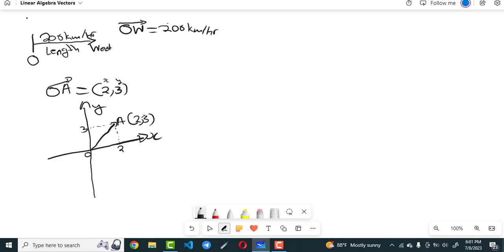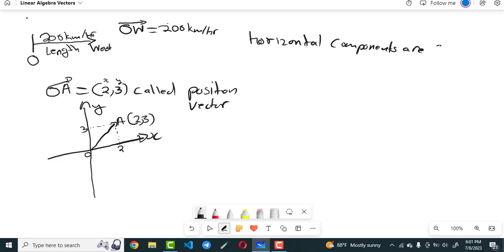2, 3. So this OA is called a position vector. This position vector OA has what we call horizontal components and vertical components. The horizontal components of this vector are 2 and 0, where 2 here represents the x-axis.